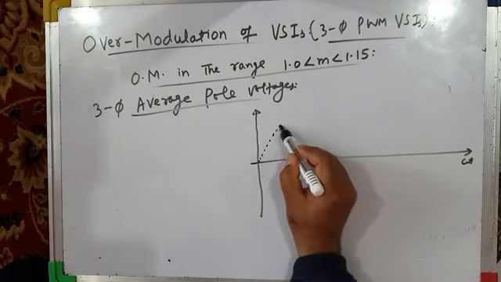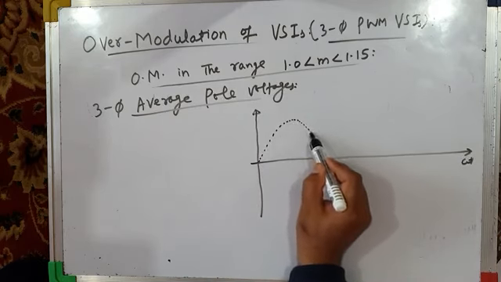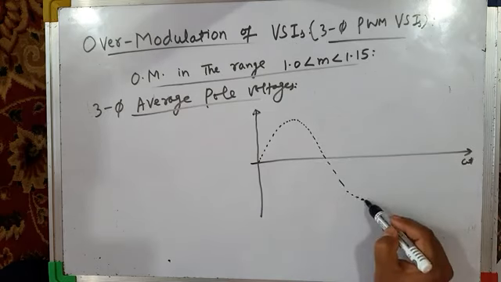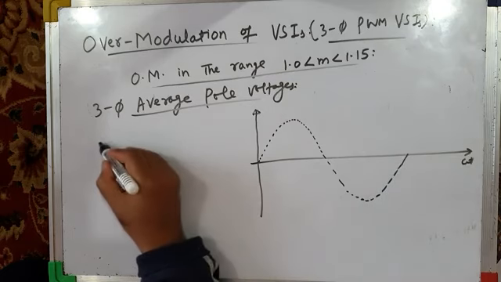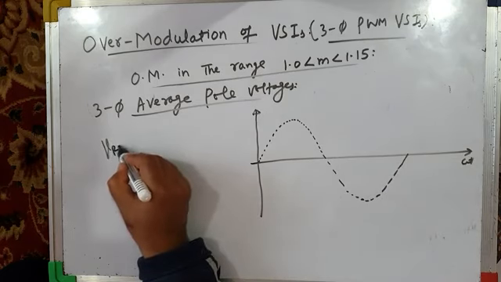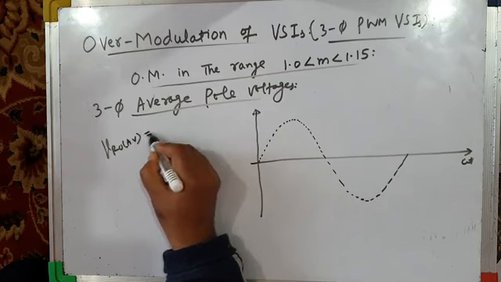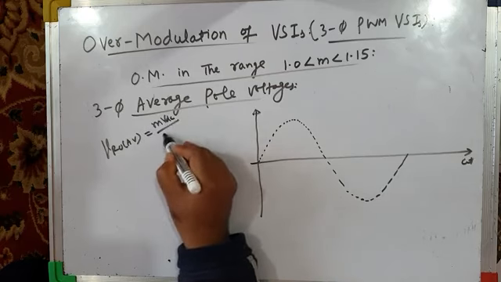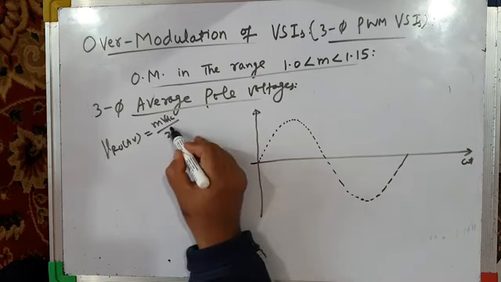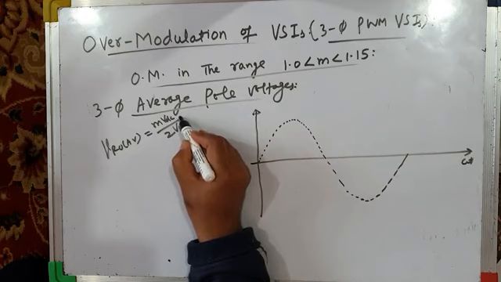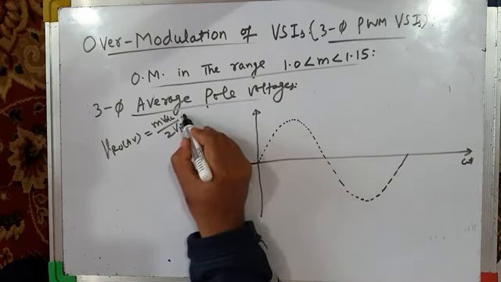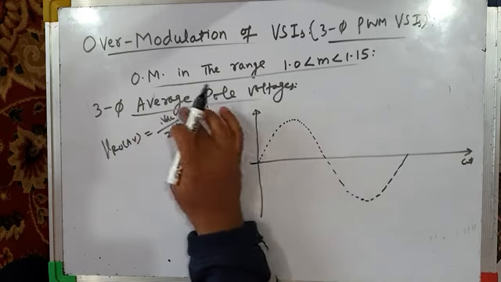So for example, if over-modulation was not there, I have already told you that your pole voltages are a scaled version of the modulating waves. For example, your average pole voltage, VRO average, would have been M into VDC by 2 into VP into MR. Okay, MR I have already written.